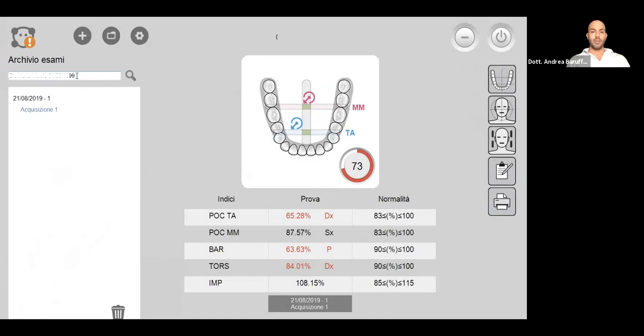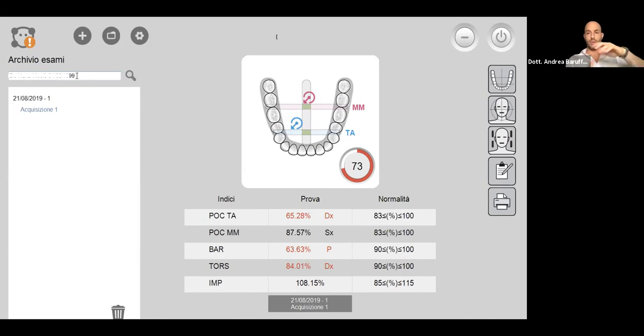These are the indexes of the first Tethan that I acquired from him. You can see clearly that he has a prevalence of the right temporal muscle, exactly where he feels pain. He has a posterior barycenter, and he has a torsion because he has a prevalence of the right masseter and of the left masseter and the right temporal.